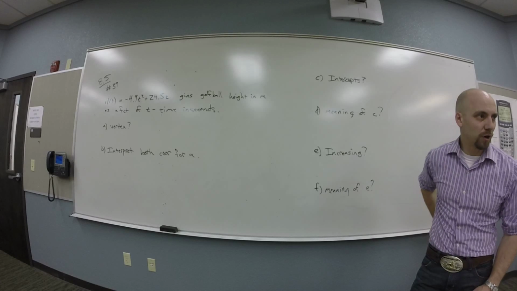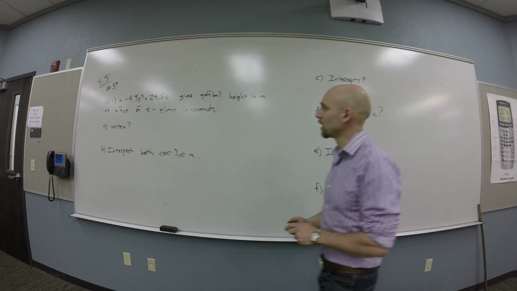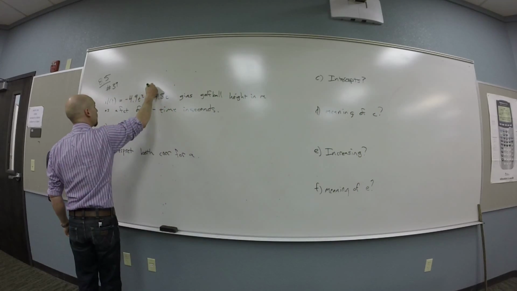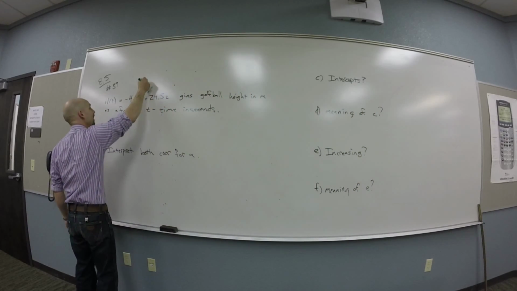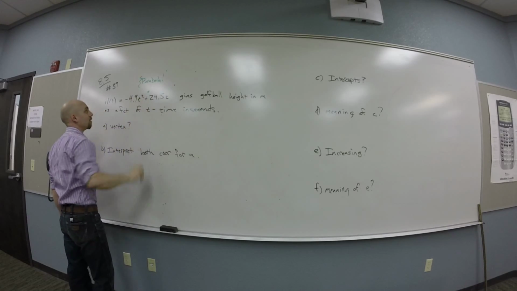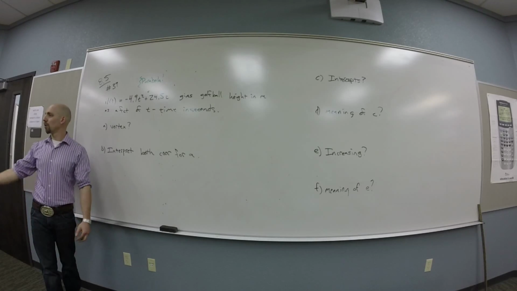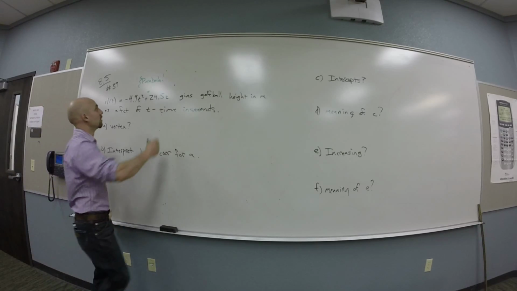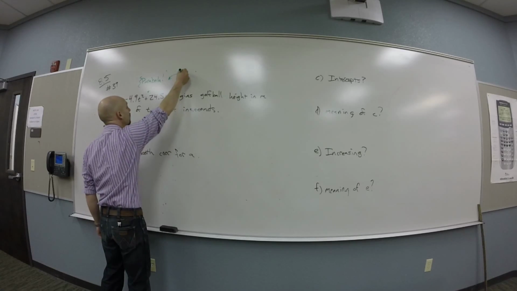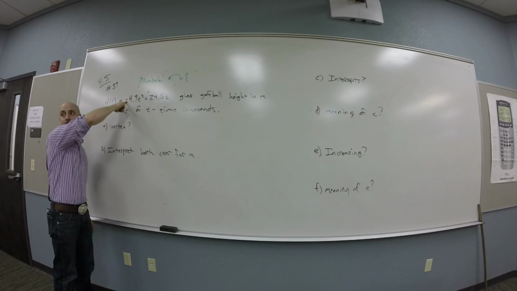What should you think first? We might look at this thing and think to ourselves, parabola. What do we know about this parabola in particular? It's pointed down, because of this negative.